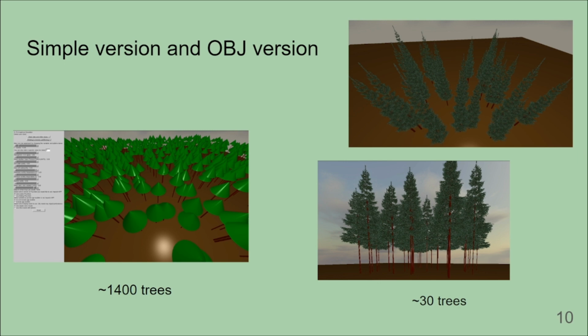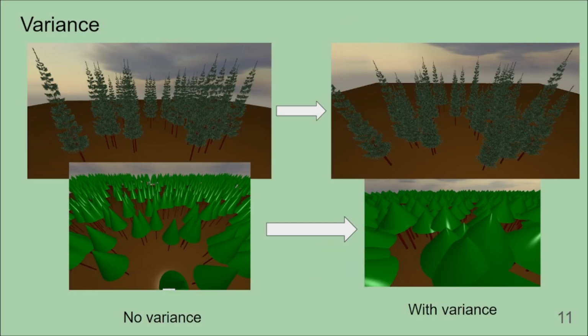There's a simple version, which requires a lot less computing power and can also draw a full hectare of trees. A hectare is about 2.5 acres for reference. And then this OBJ version uses a 3D model for the crown of the tree and can draw around 30 to 60 trees depending on your hardware, and looks quite a bit better, but is more taxing on your system.